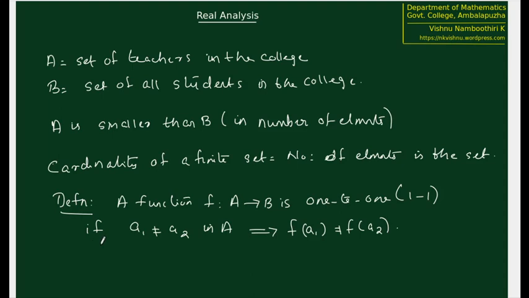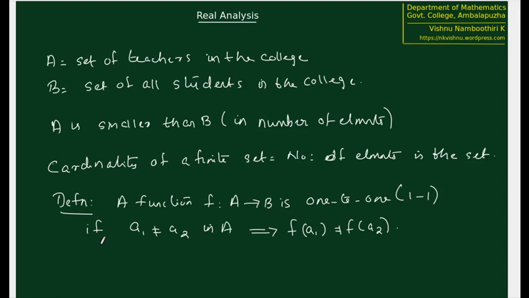So an example for such a function is probably to consider the set of capitals of countries in the world to be capital A, and not necessarily the set of all. Suppose that we are listing in capital A some capitals of countries, and suppose that in B we are listing all the countries in the world.